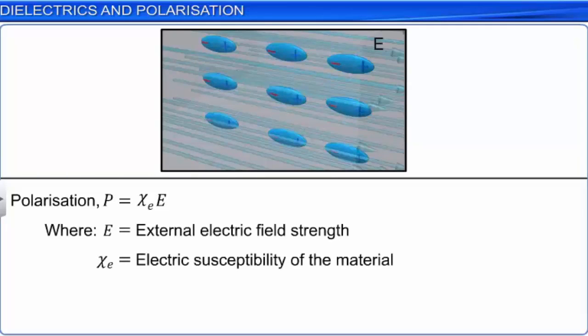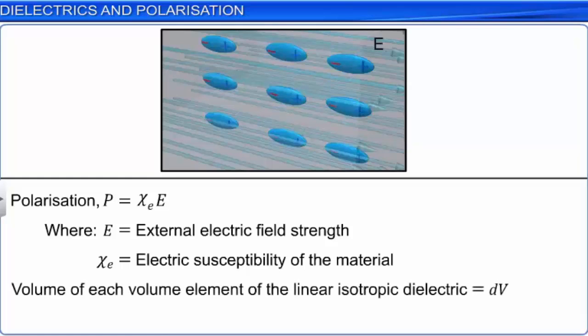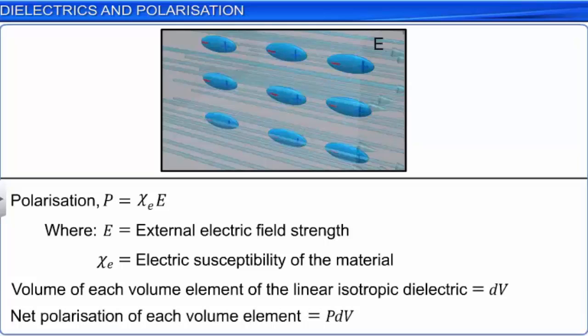Now, each small volume element of the linear isotropic dielectric having a volume dV has a net polarization equal to P dV due to all the dipoles in it in the direction of uniform electric field.